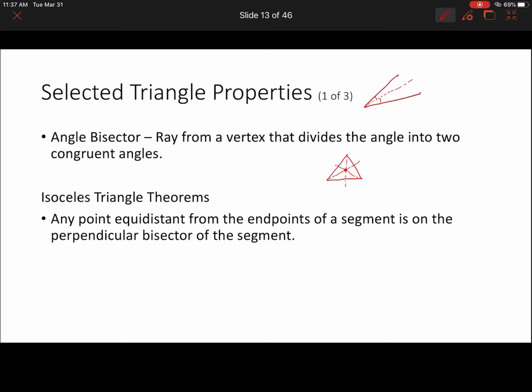In this case, just to throw this out, this point where those all intersect would be the point that you could balance this triangle on. And so that's a cool thing to be able to draw one, maybe cut it out, and be able to show that at that one point this triangle would be balanced.